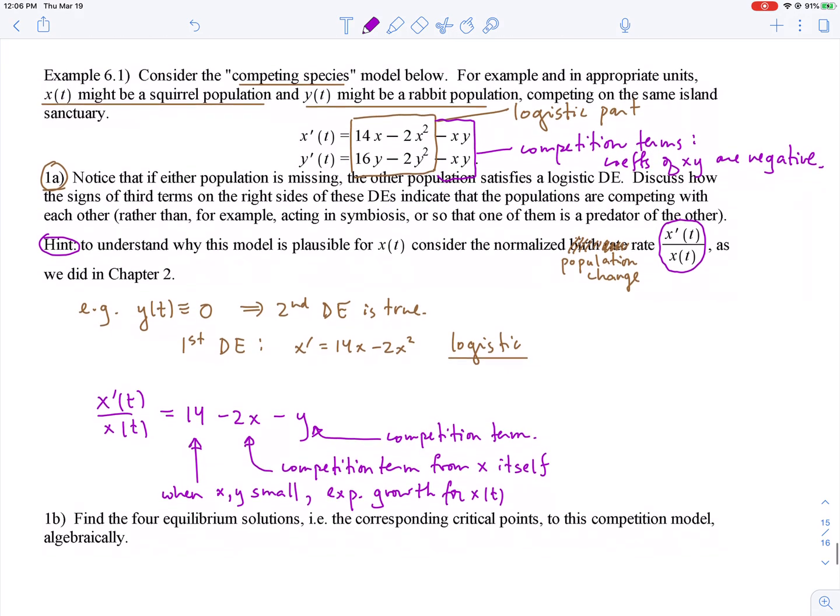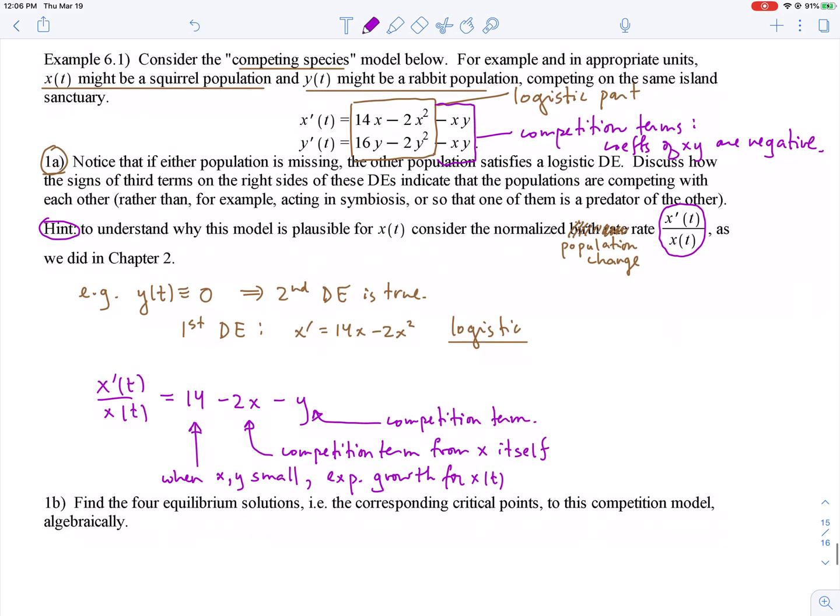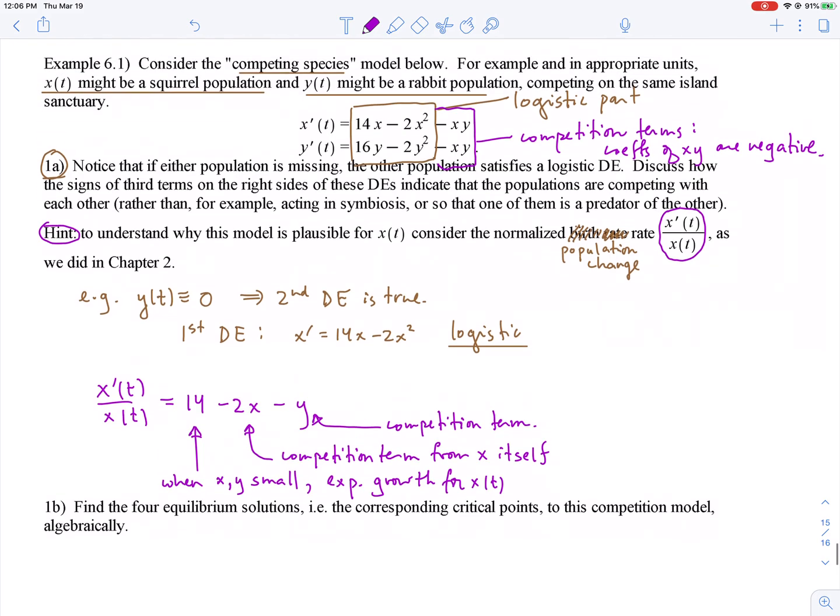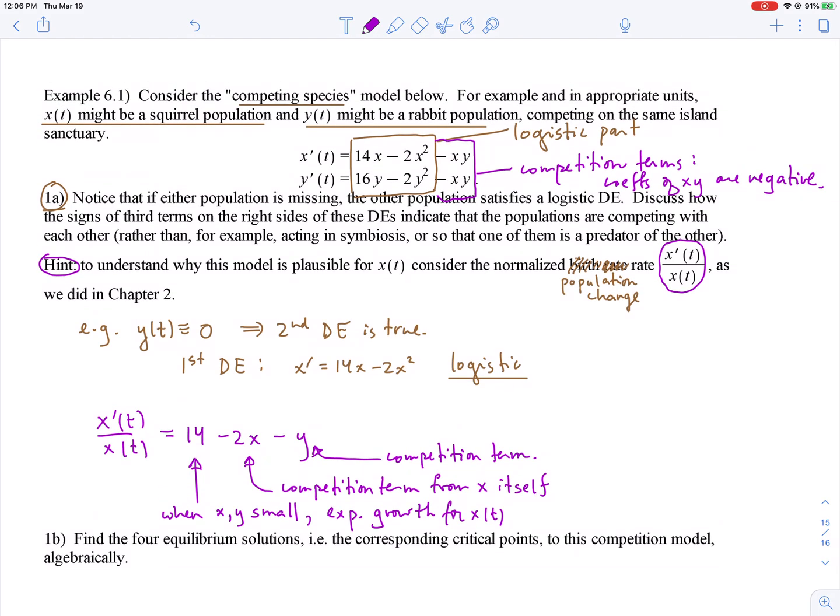Okay, and we could do the same analysis for the population y of t. And as the signs of the x, y terms change, you can get the opposite of competition terms, which is helpful populations. So each population enhances the other one.